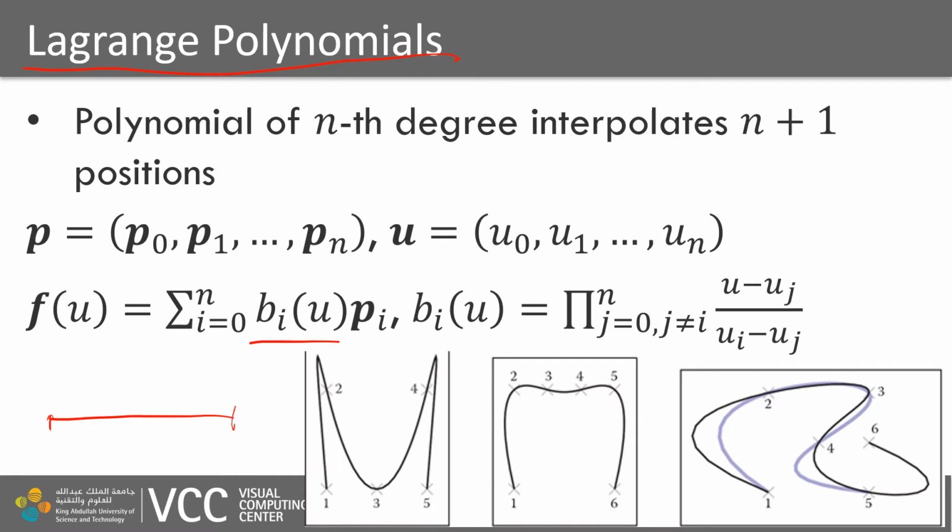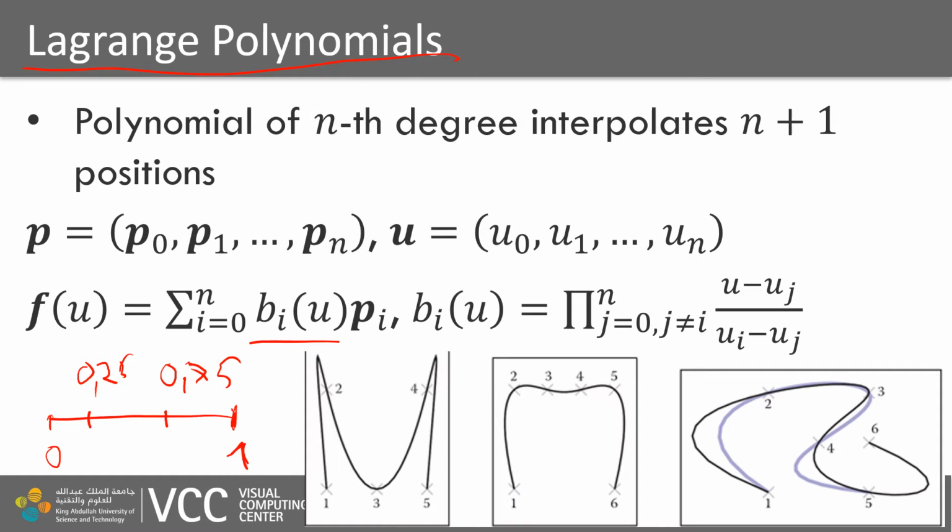So if our parameter range goes from 0 to 1, let's say, we can have our u values where we have our control points defined, separating this interval by several points. Let's say here we have 0.25 and here we have 0.75, and then also at value 1.